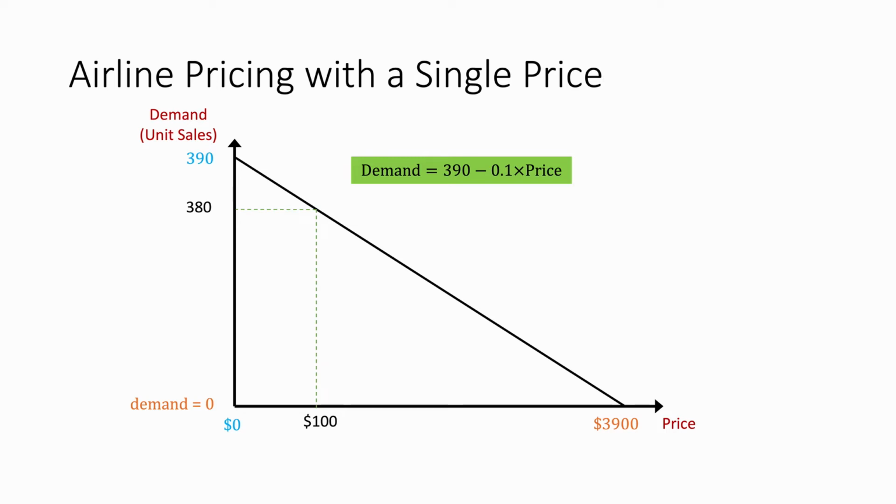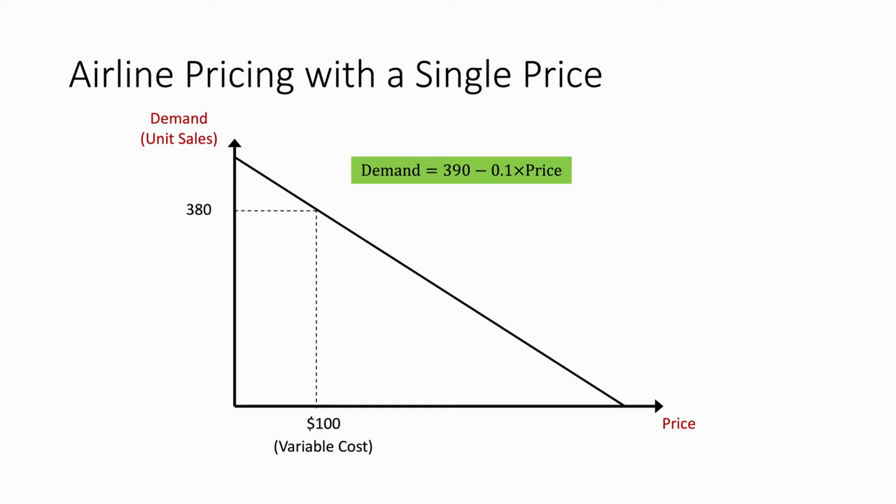So the demand is 380 when the price is $100. And in this example, we're going to assume 100 is the variable cost. So it never makes sense for the airline to charge a price below $100 because the more tickets they sell, the more they're going to lose if they charge below the variable cost.